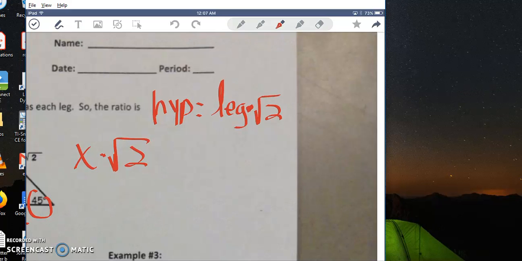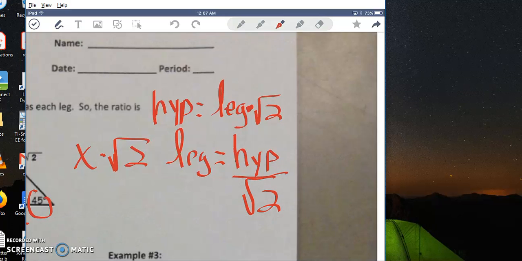Your leg is equal to the hypotenuse divided by radical 2. Keep those formulas in your mind, and as you repeat doing this, you're going to remember it more. Try to memorize this if you can, because you'll be using this over and over and over again when you work these problems.